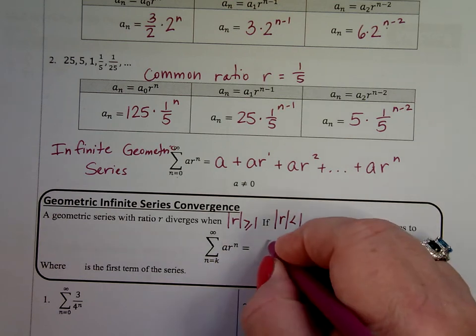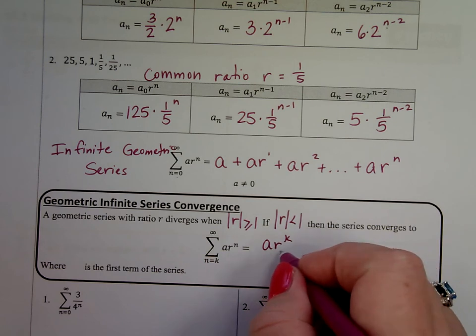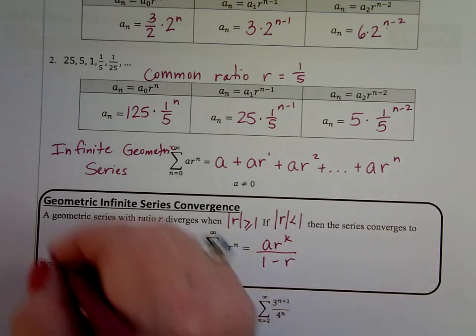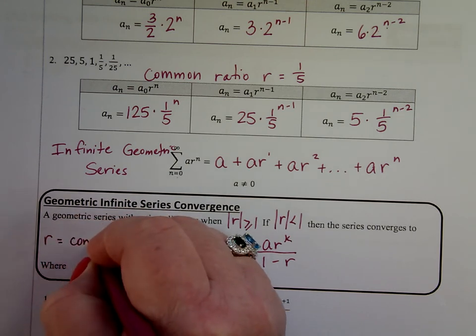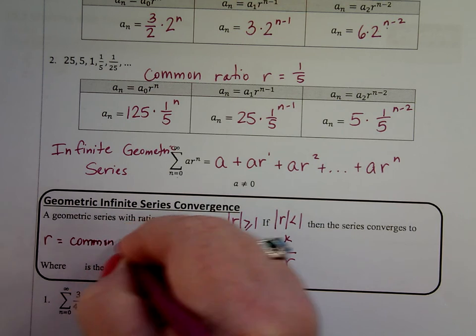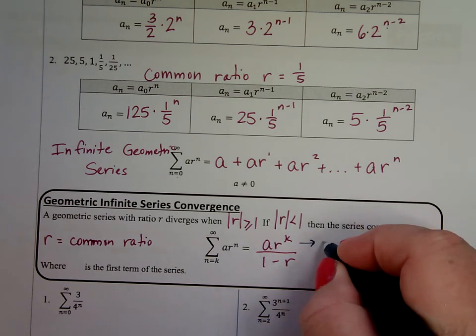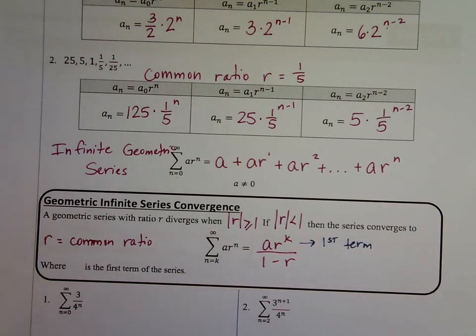You're going to take a r to the k, that's your first term, and you're going to divide it by 1 minus the common ratio, r being the common ratio. So let me say over here, r equals the common ratio. And this guy, your numerator, is your first term. They're going to refer to it as a r to the k, but really it's your first term, whatever that might be.